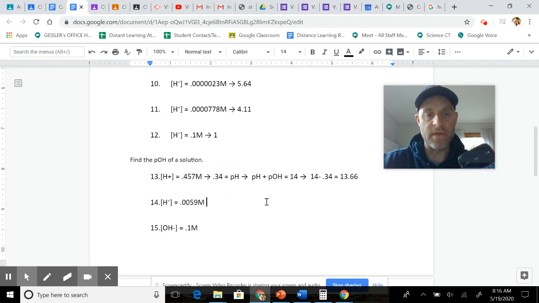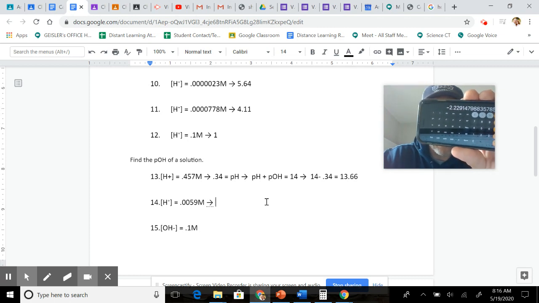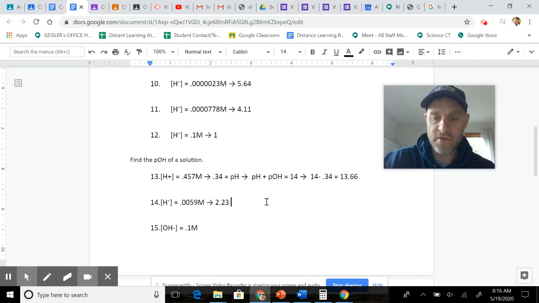Okay, let's do it again. Concentration, so this can give me pH. How do I do that? That's my logarithm. So here we go. 0.0059 log. Now I have to flip that negative and I get 2.23. That's my pH.